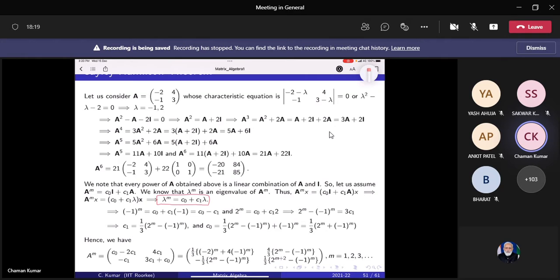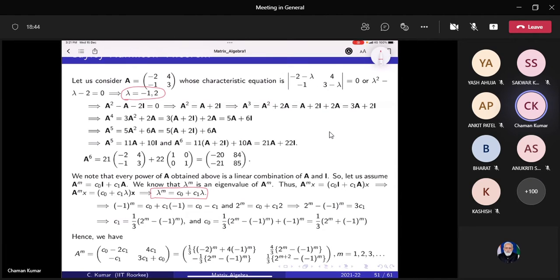So this is the equation which corresponds to the eigenvalue, and eigenvalues we have already calculated. You see that we have the eigenvalues here: lambda is equal to -1 and 2. So if I put lambda equal to -1, then this equation will be satisfied. And if I put lambda equal to 2, then also this equation is satisfied, because this holds for any eigenvalue lambda of A.